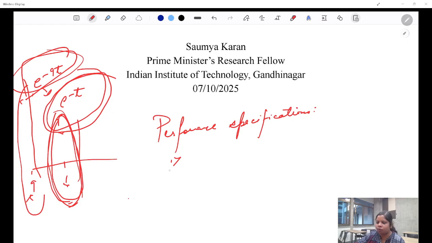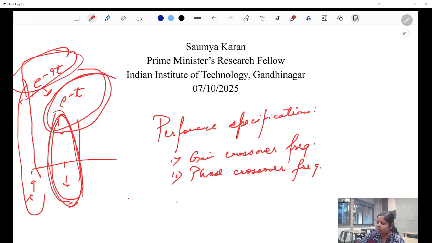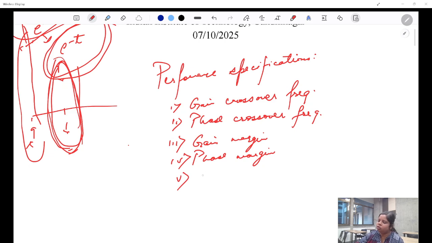We saw gain crossover frequency, phase crossover frequency, then we saw gain margin, phase margin, then we saw bandwidth, then what did we see?